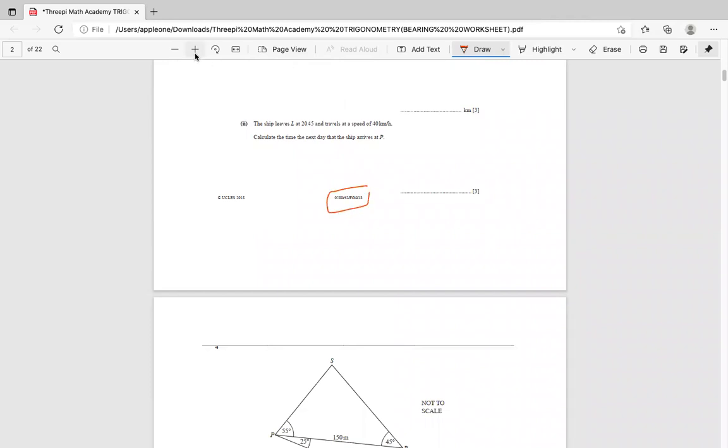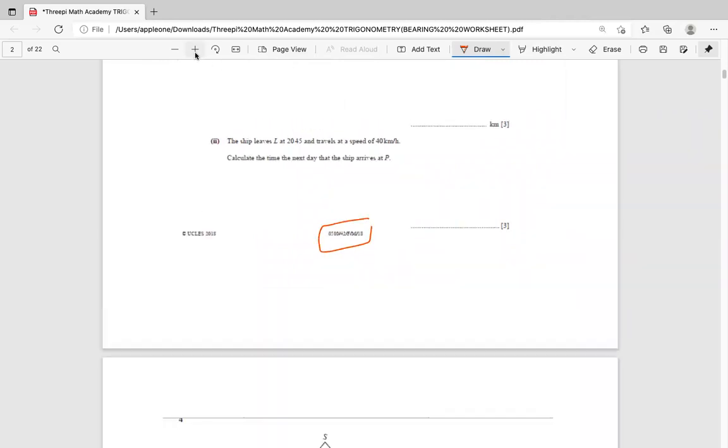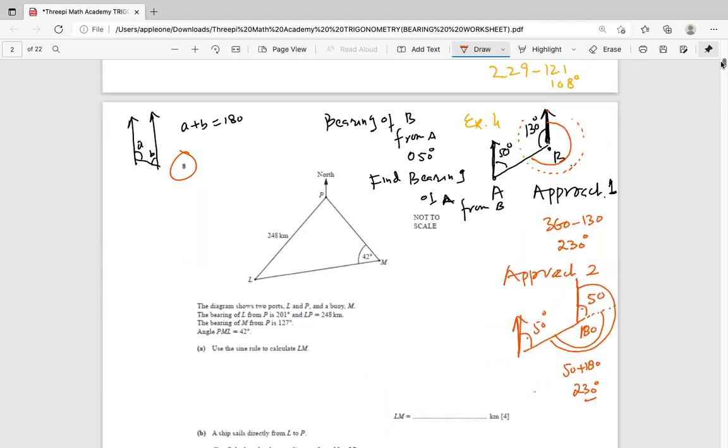Let me zoom it. So question number 8, March, February 2018, and question paper is 42.